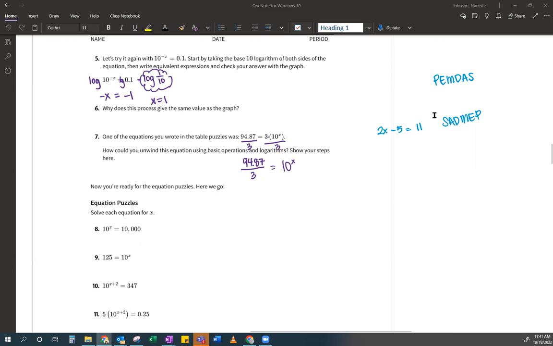So Ms. Johnson, you want me to take care of subtraction and addition, then division and multiplication, then exponents, then parentheses? Ms. Johnson, where are logs in SADMEP? Anybody know where logs live? Just guess.